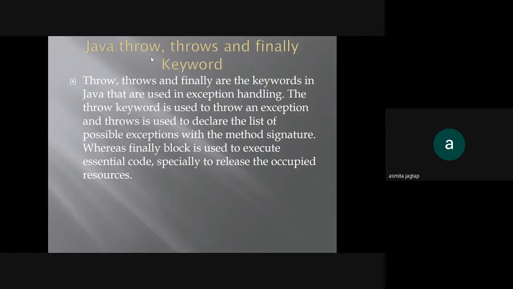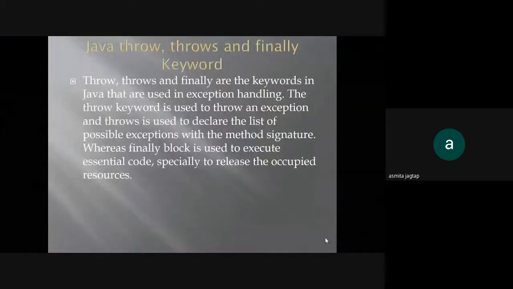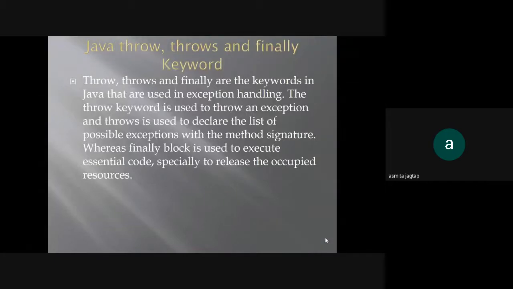Whereas the finally block, we have performed and seen that too. The finally block always gets executed whether exceptions have occurred or not occurred in your program, and it is optional. If you want to write it you can write, if you don't want to write, don't write. But most of the time the finally block is written in the program, because it is used to close all unwanted objects.